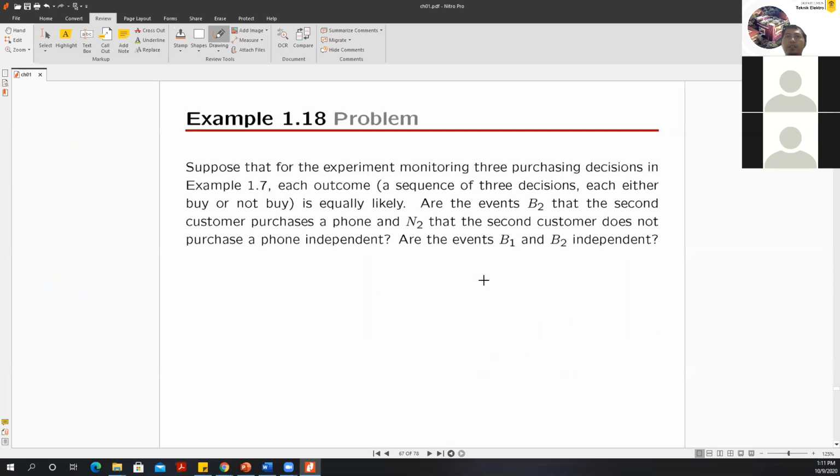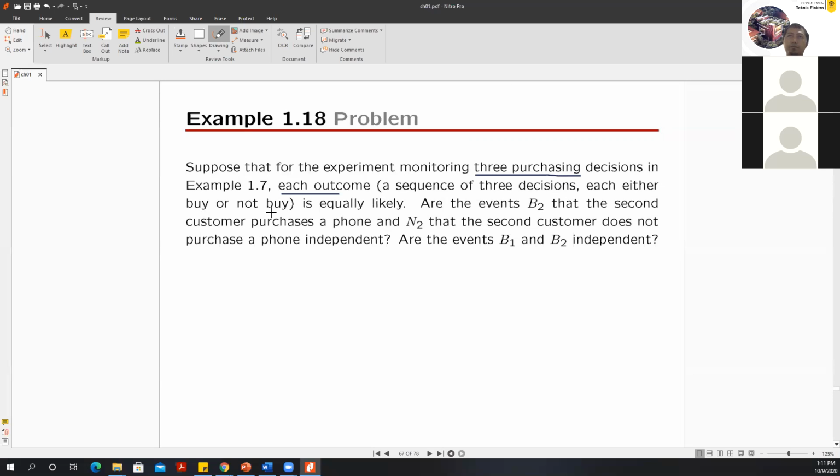And then we have a problem. Hopefully, it can make the definition of independence more clear. Suppose that for the experiment monitoring 3 purchasing decisions in example 1.7, each outcome is a sequence of 3 decisions, each either buy or not buy.